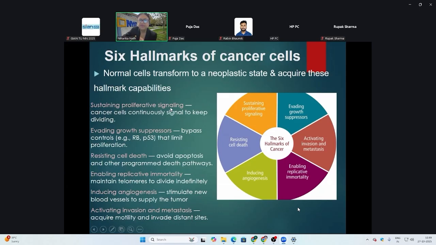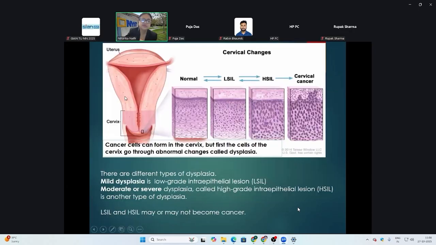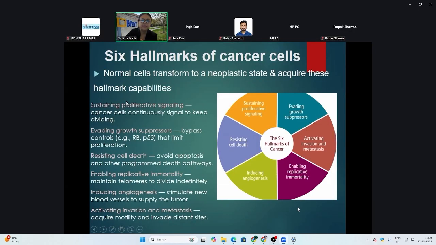Sustaining proliferative signaling. Signals are small molecules, small chemicals that one cell secretes and tells the other to follow. One cell secretes it, the signal goes to another cell, and that cell says, okay, I got the signal, I will now divide.